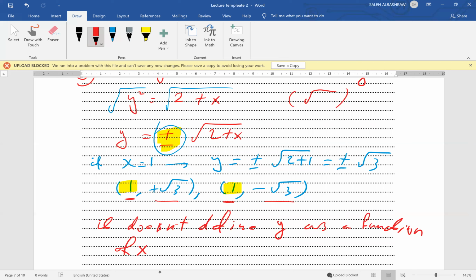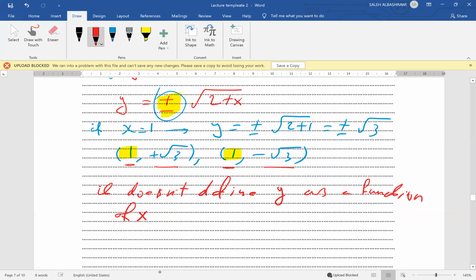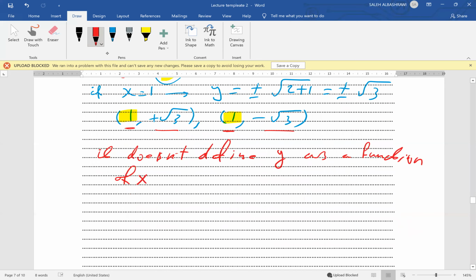For the next one, question number 5, we have y equal to 4 plus or minus the square root of x. Since we have plus or minus, we are going to have two values of y, not one, for any x greater than or equal to 0.